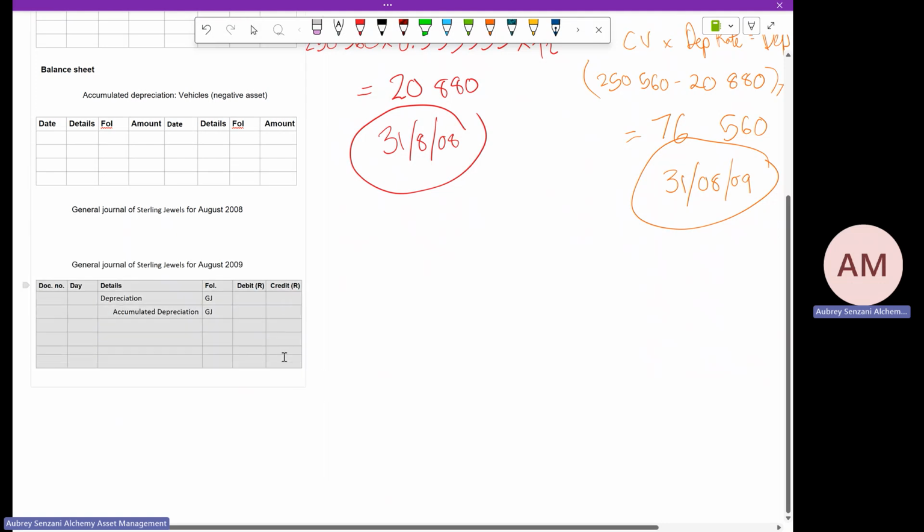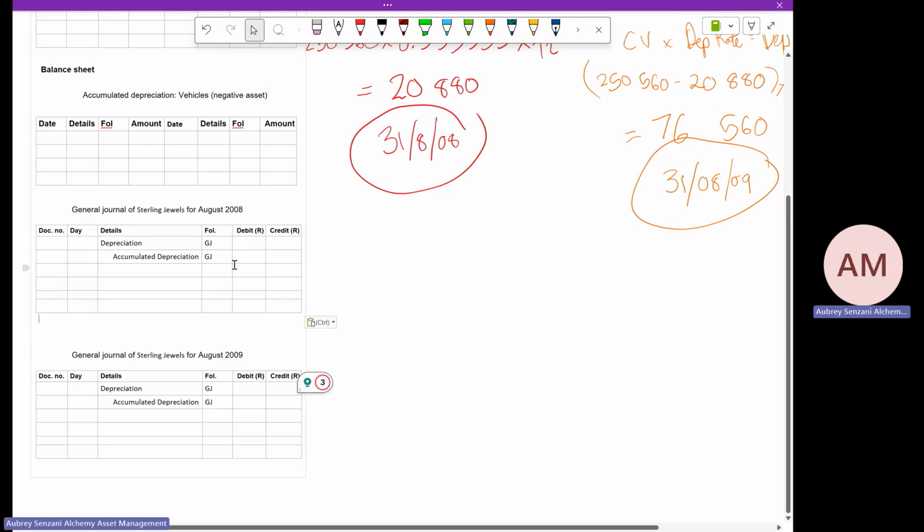Then I can just copy this one, just like that. The joys of technology. So here we have 20,880 debited, and here we're crediting 20,880.